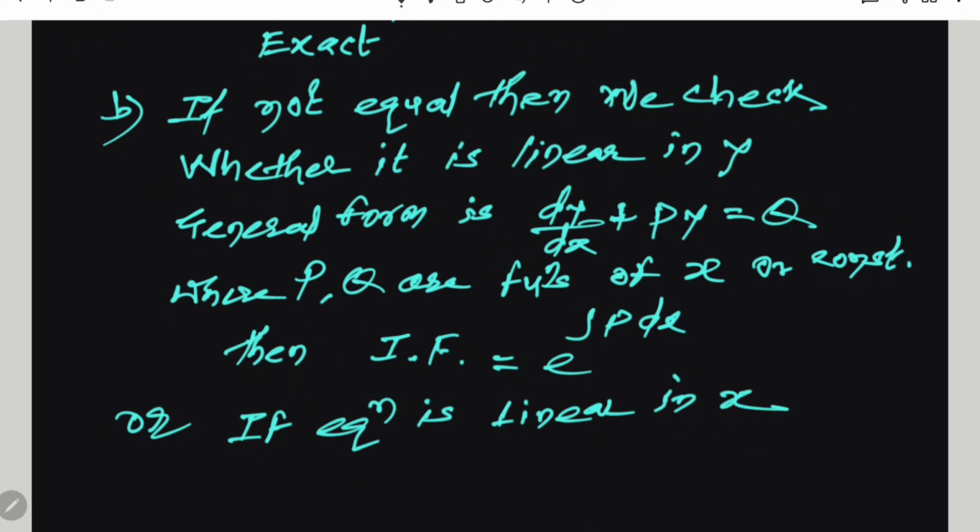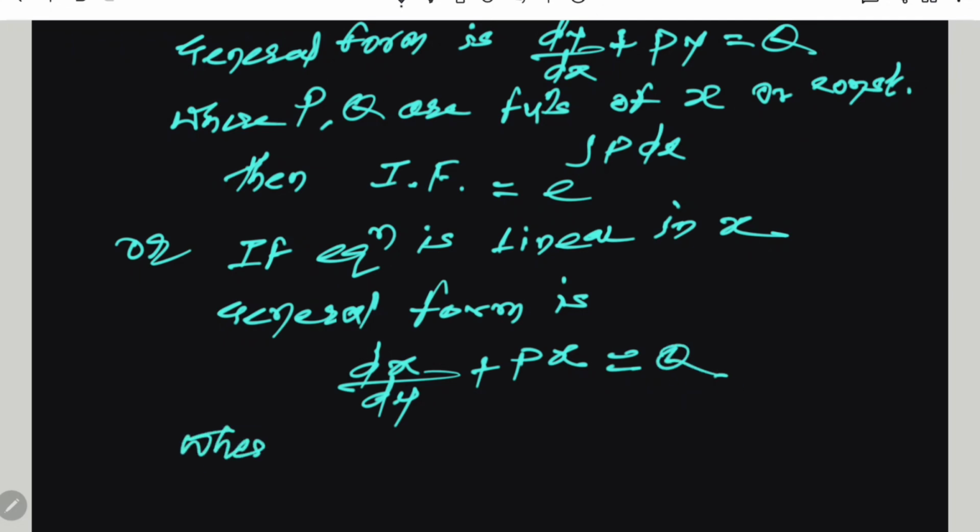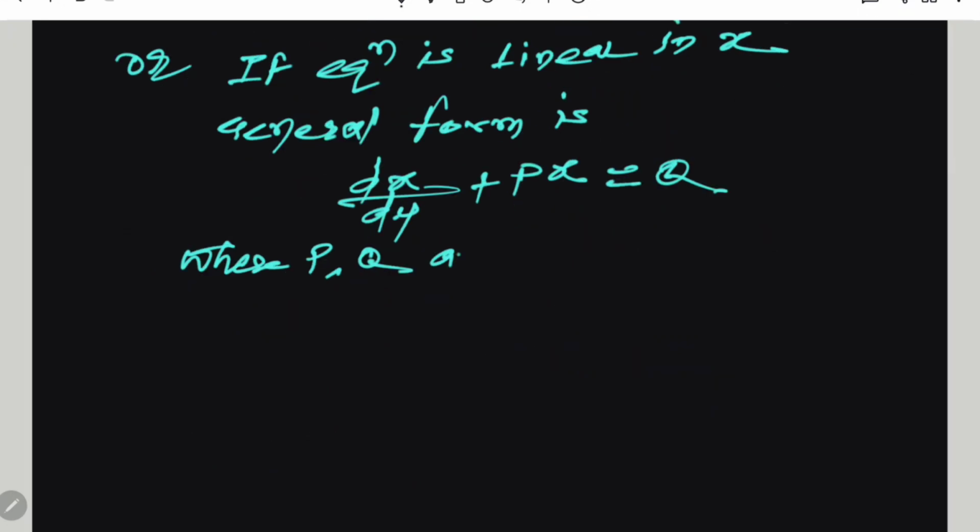linear in variable x, whose general form is dx by dy plus P into x equals to Q, where capital P and capital Q are functions of y or constant.